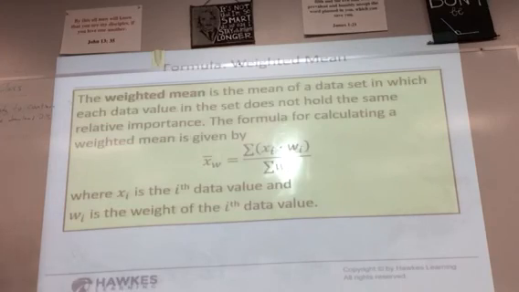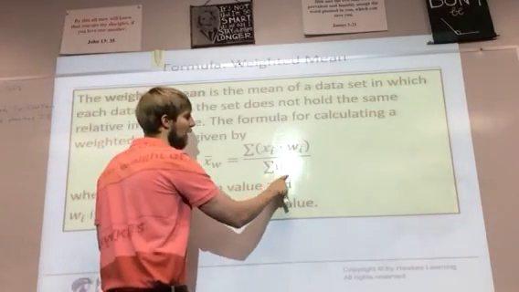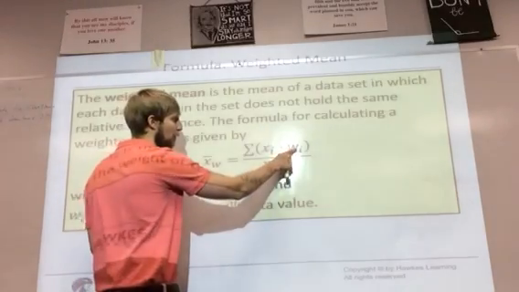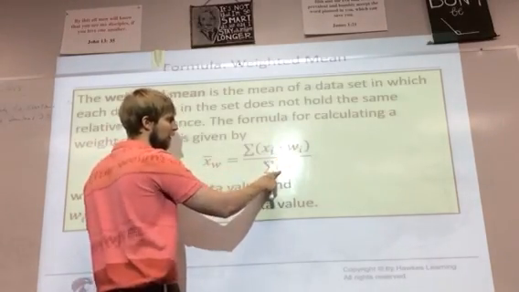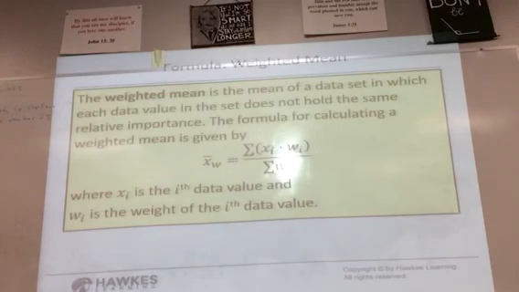Okay? Divided by the sum of all the weights. And so you could either use 0.4 and 1 or 40 and 100. Either way, because of the division, it'll work out. So that's the difference with weighted averages, weighted means. Okay? You have to take it times the weights and then add them up.